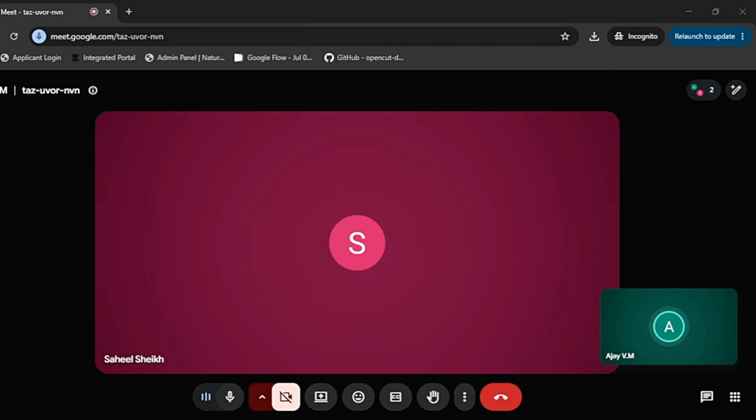Okay, Sahil. Can you explain the fee payment flow? Yeah. When the cashier searches a student, the system retrieves the student's fee structure.